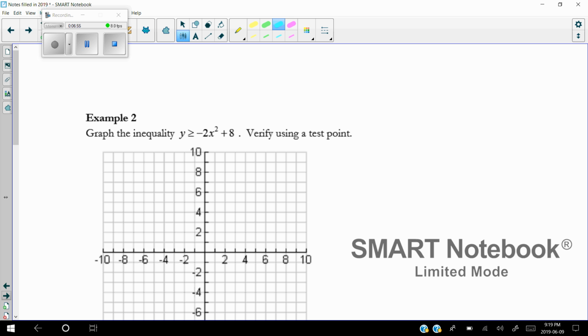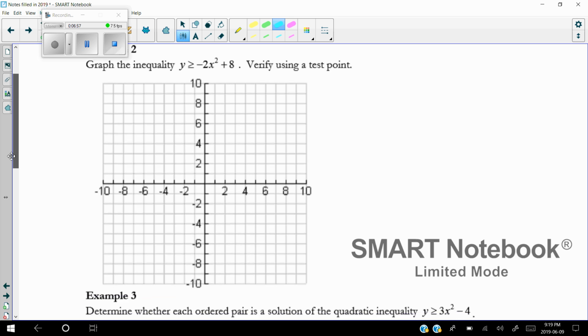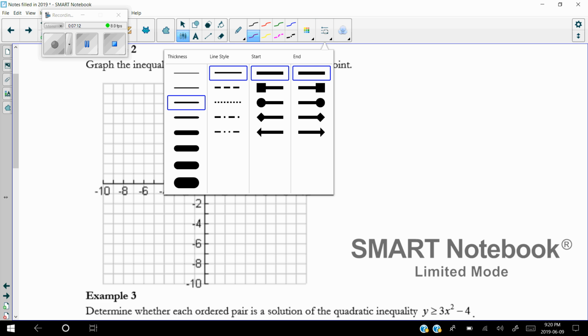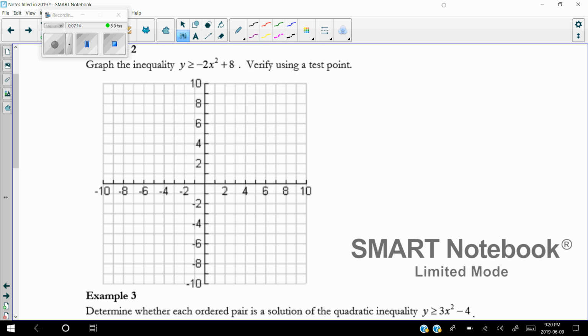It says graph the inequality, and thank goodness this time I get a graph so I don't need to wing it. y is greater than or equal to negative 2x squared plus 8. Verify using a test point. Once again, my first step is to factor this and find the zeros.